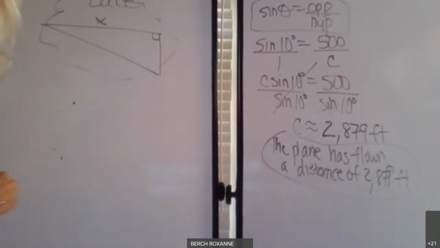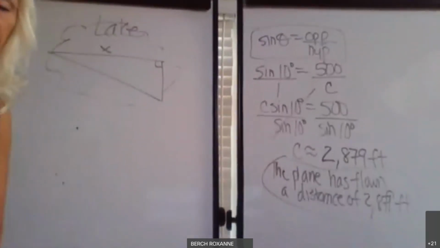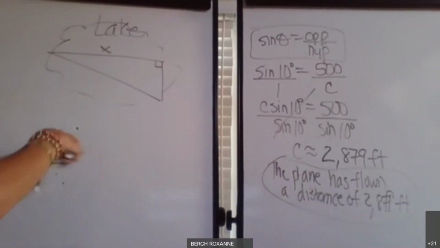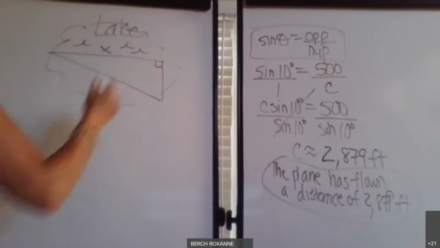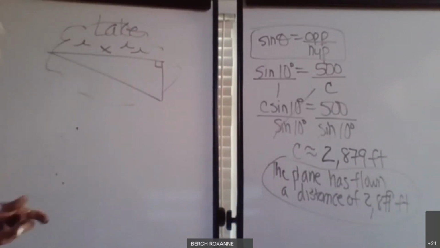The reason why trigonometry is more useful than geometry is because, let's say this is the lake. You don't have to get a string and measure the distance across the lake.